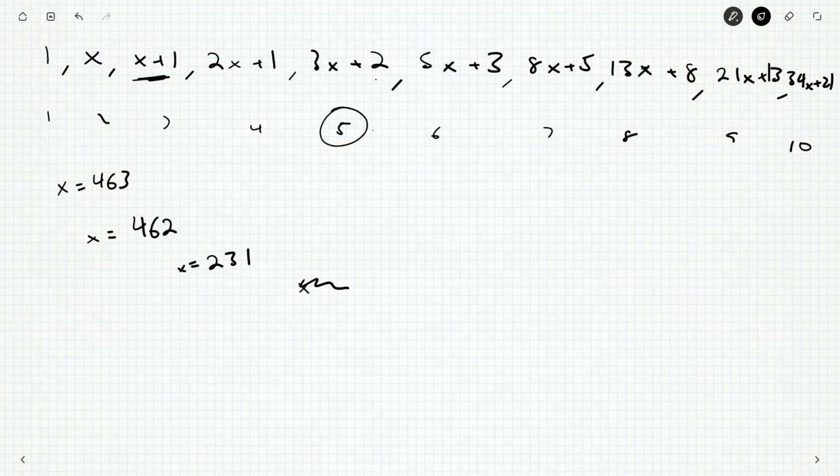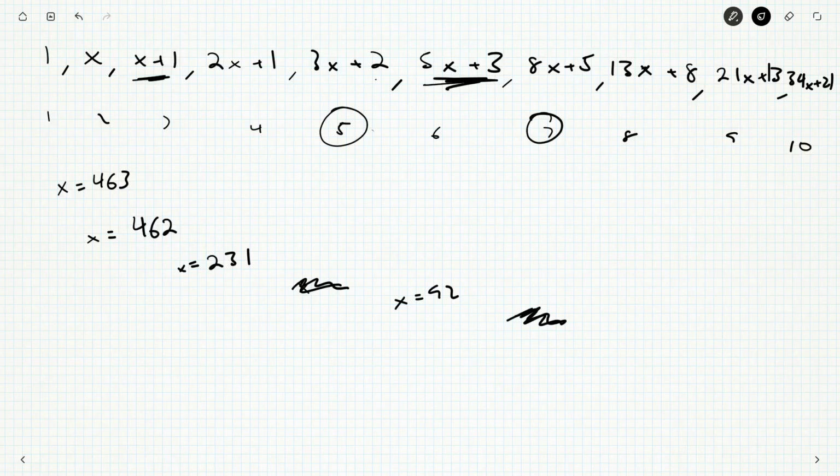Okay, useful things to know. 463 minus 3, 460 divided by 5, I'll get x is 92 if 463 is in the sixth position. 463 minus 5, divide that by 8. That would be 57.25. There's not going to be an x value that makes the seventh term in my sequence 463. And we just keep going on like this.